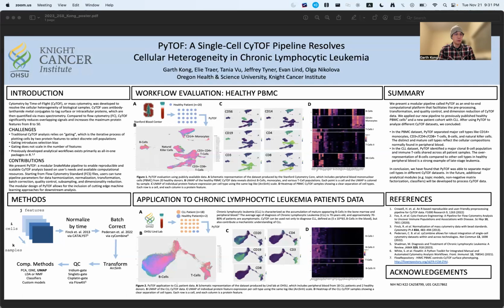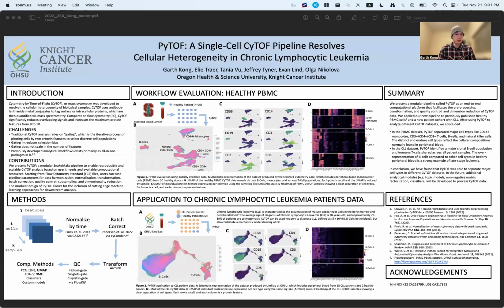For the methods, we have a series of tables. Each row is cells, that's our I, and each column is a feature, which is a protein feature, that's J. And then we replicate these cells by features matrices over your K samples.